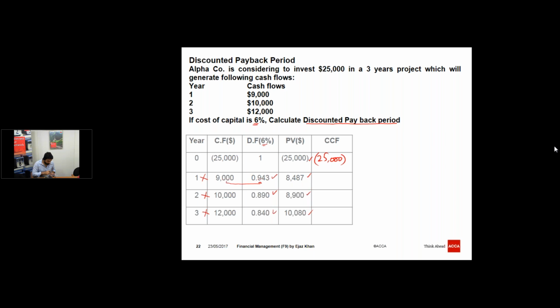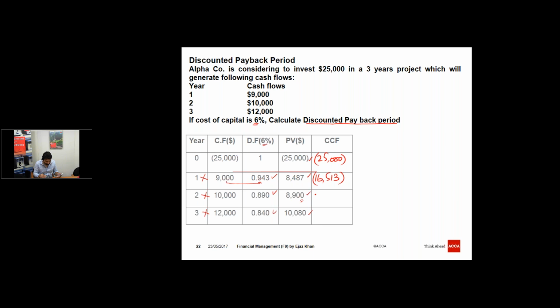So how much are we left with? So we'll deduct 8,487 from 25,000 and the amount will be 16,513. So I've deducted $8,487 from $25,000.